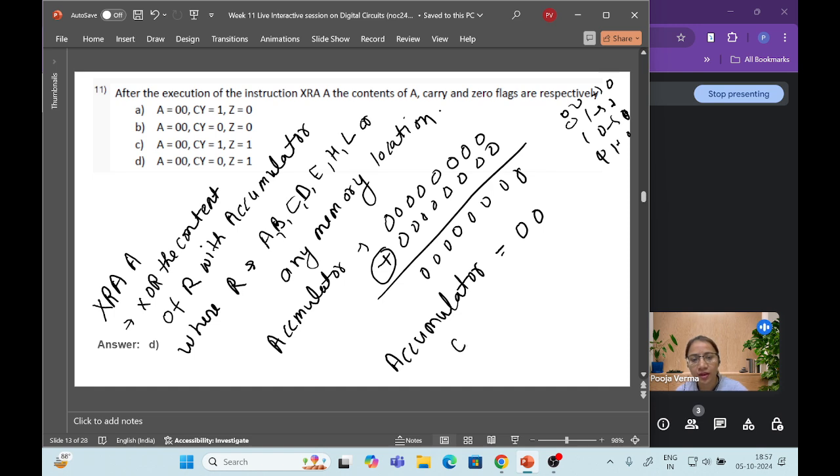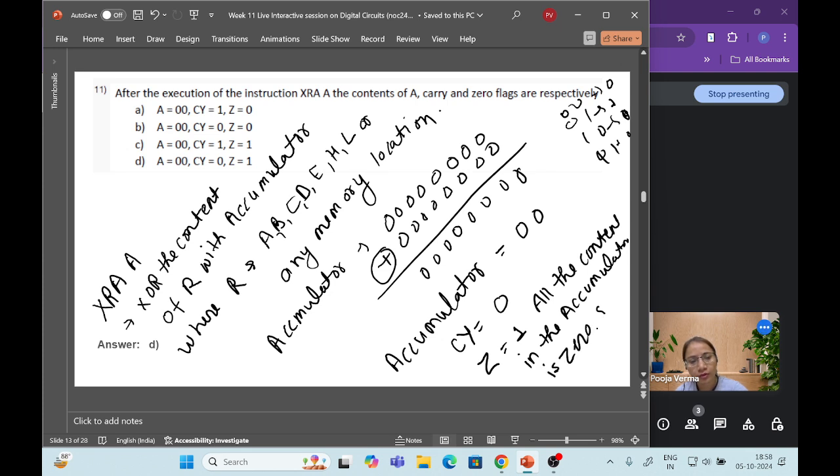Now what will be next? Carry flag. What will be the content in the carry flag? Carry flag is also 0, right? Because there is no carry generated. Now the zero flag. All the content in the accumulator is 0, so the zero flag will be set to 1.